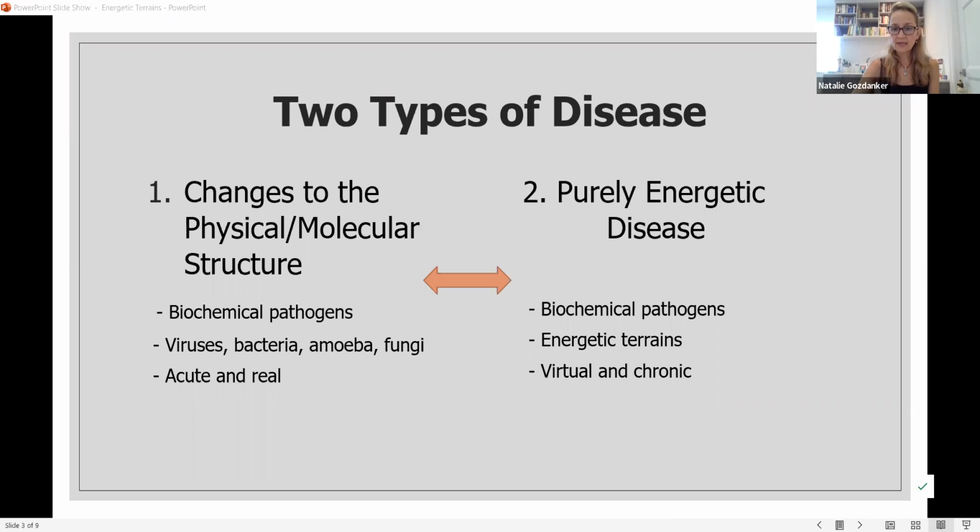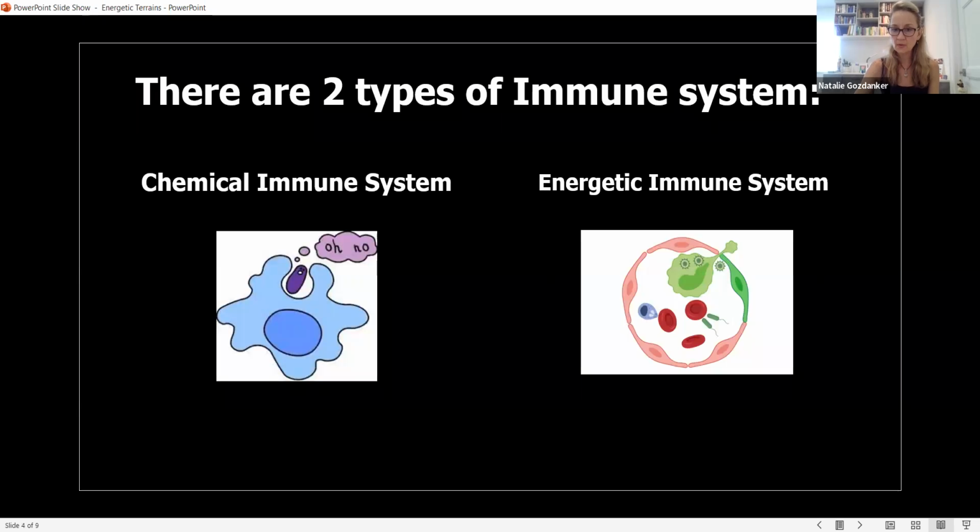Interestingly enough, he found out that those two types of disorders operate by two completely different mechanisms. One is the chemical immune system mechanism, and another one is the energetic immune system mechanism, okay, chemical and energetic. More than that, it was found that the body's energetic immune system drives the chemical immune system.